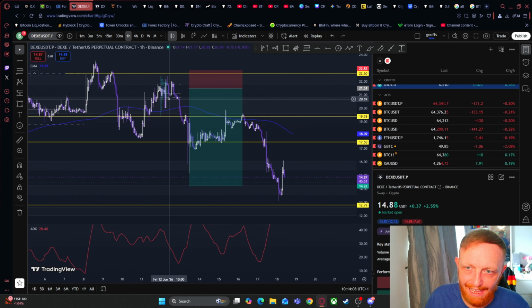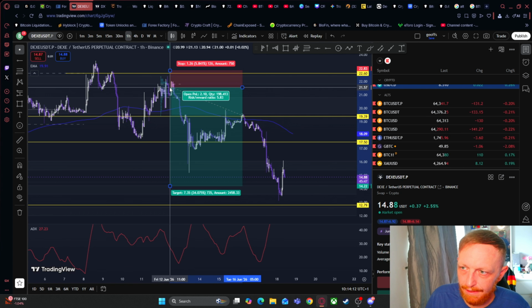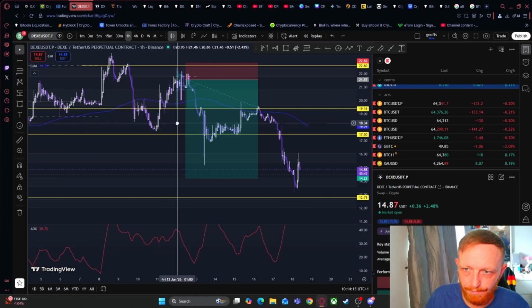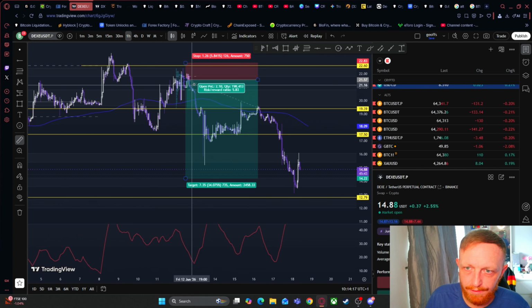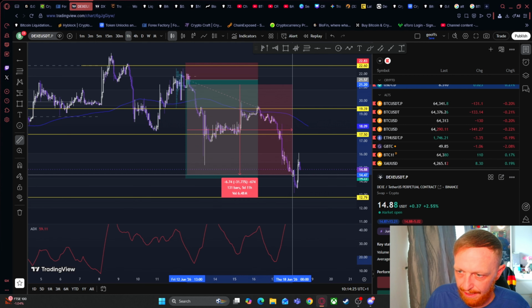That trade there took what we're looking at here. So from entry, when did it hit? Yesterday. That trade took 5 days.